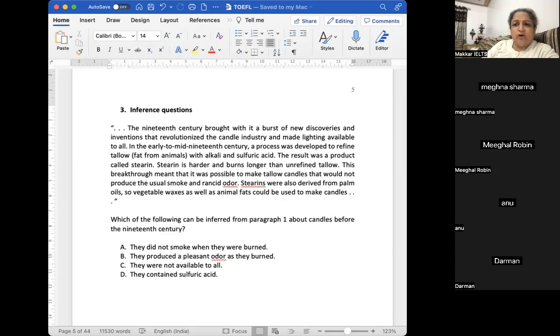And we'll see the options. A, they did not smoke when they were burned. So I think this is the answer. Before the 19th century, the candles did not smoke when they were burned.